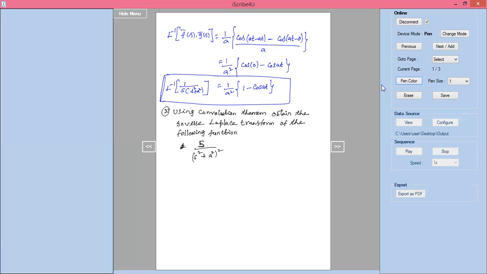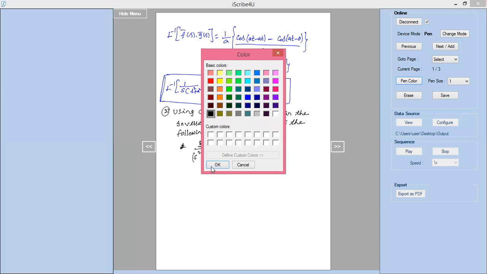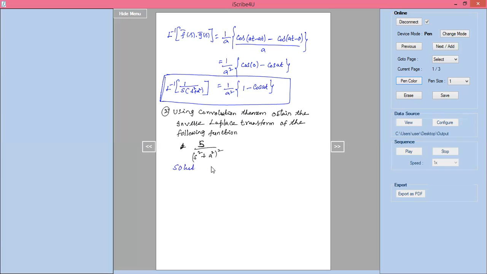Right, the solution. We write this one, s divided by s square plus a square whole square. I will write it as a product of two functions. The denominator should be s square plus a square whole square, and here only one s is there.